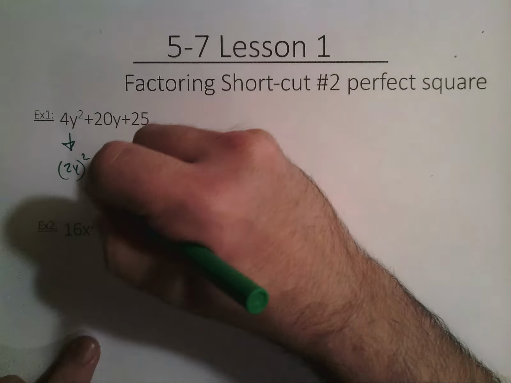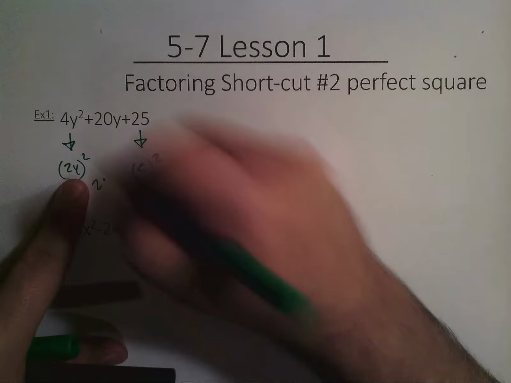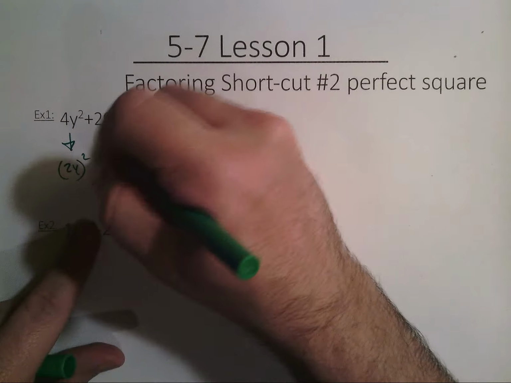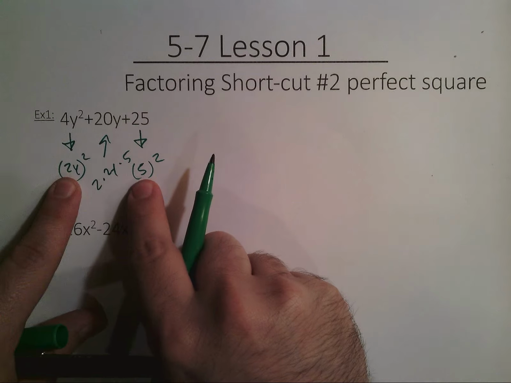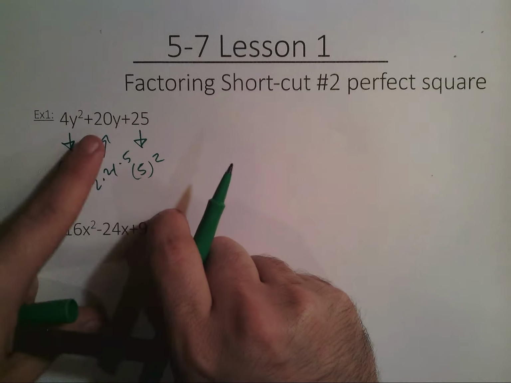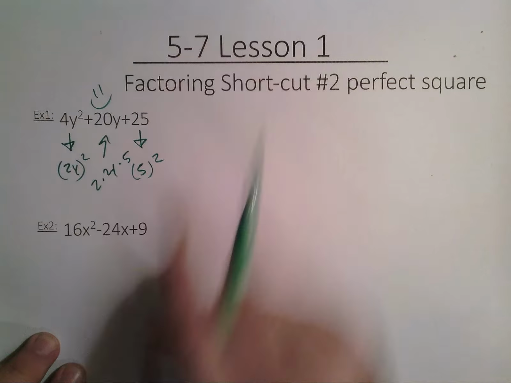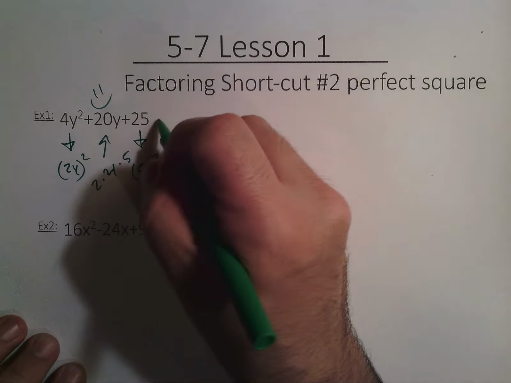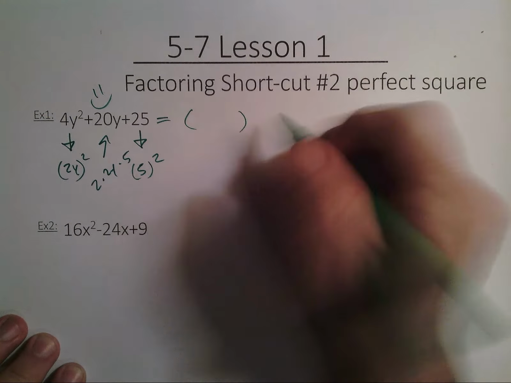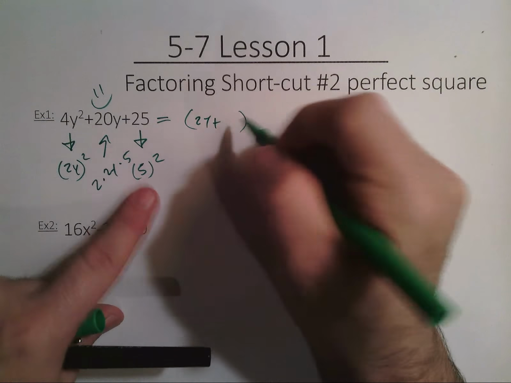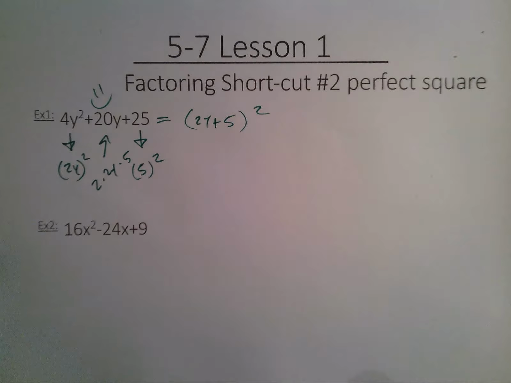Is the middle 2 times the first thing times the last thing? So 2 times 5 is 10 times 2 is 20. So yeah, it worked. So if it follows that pattern, then we can automatically write this as the first thing, whatever sign is in the middle, the last thing squared.